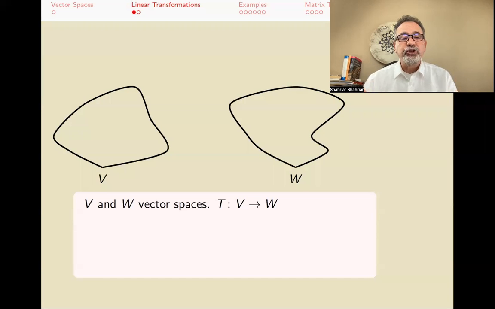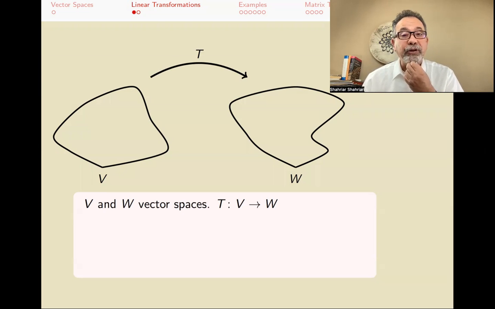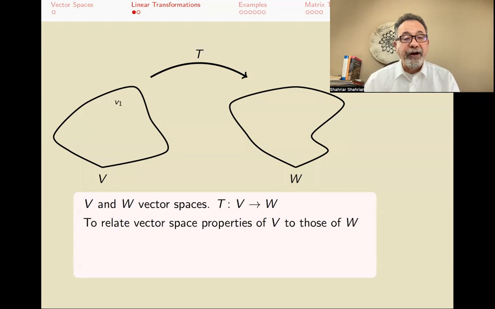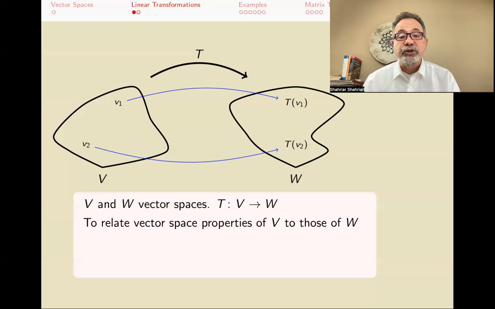Now, when we have two vector spaces and a function between them, if we want to use the function to relate the linear algebra properties of V to W, then we want certain properties regarding addition and scalar multiplication. So if the vector V1 in V is sent to T of V1, and the vector V2 is sent to T of V2, we don't know where V1 plus V2 goes, but we don't want it to go willy-nilly any place it likes.